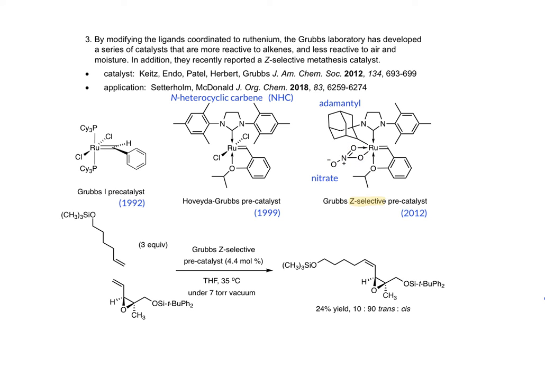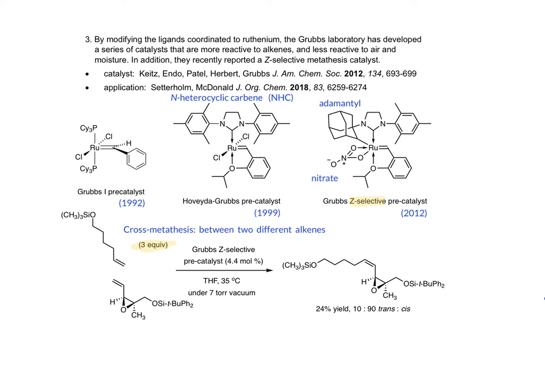We used this catalyst several years ago for a cross-metathesis process. Cross-metathesis involves interchange between two different alkenes. In most cases, cross-metathesis will require an excess of one of the components.